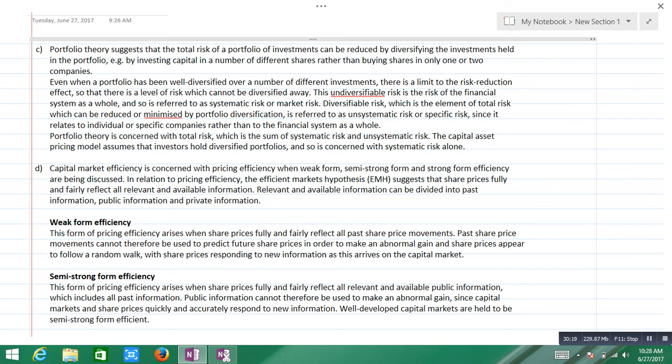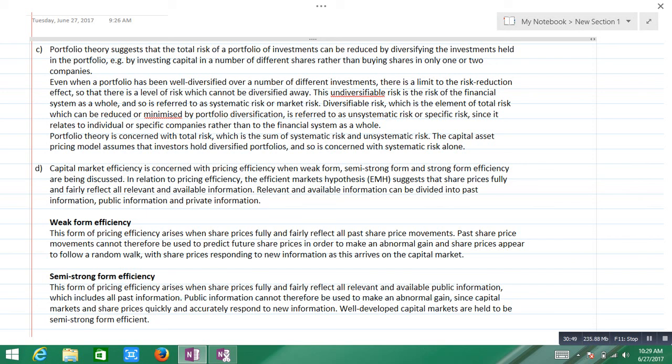Unsystematic risk is basically about internal factors such as R&D, labor problems, machinery problems, business operations, and so on. Those problems that occur internally can be solved, so they come under unsystematic risk. The problems that cannot be diversified away, which are not in our hands, come under systematic risk.